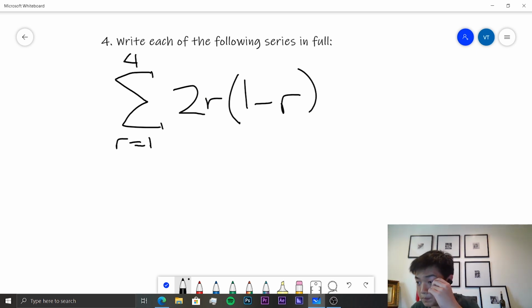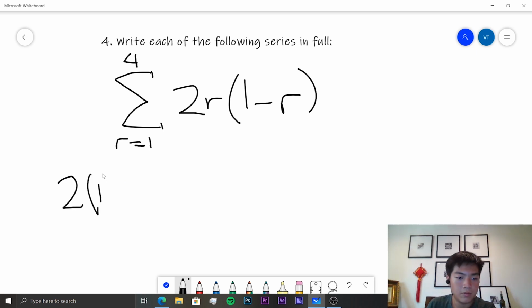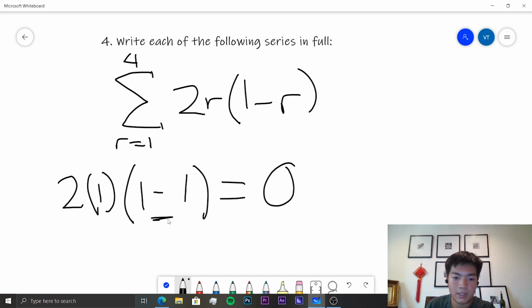So what we get is, we start at 1. Our first term is 2 times 1 times 1 minus 1, which is equal to 0, because 1 minus 1 is equal to 0.